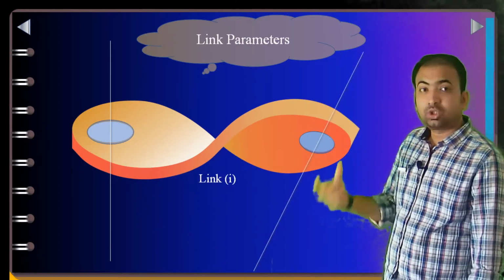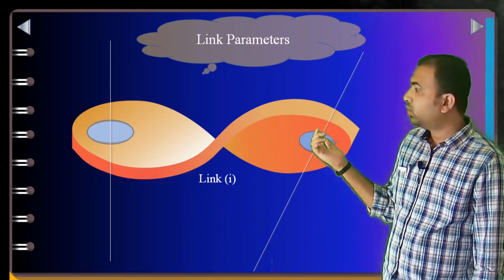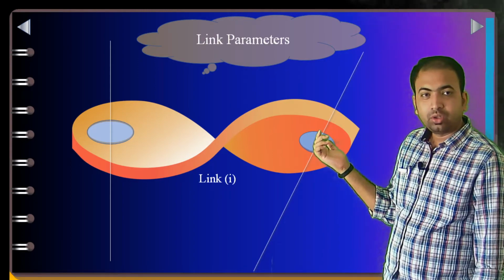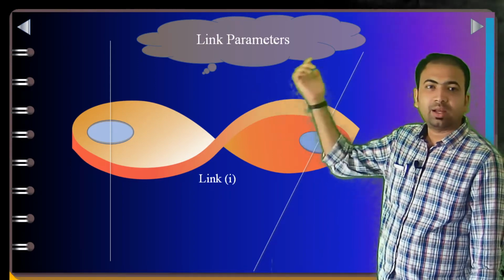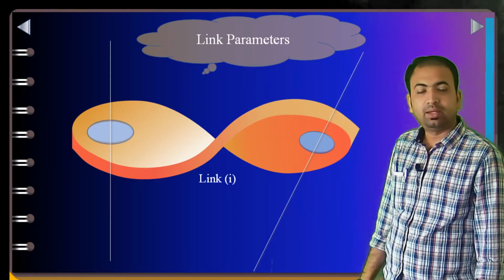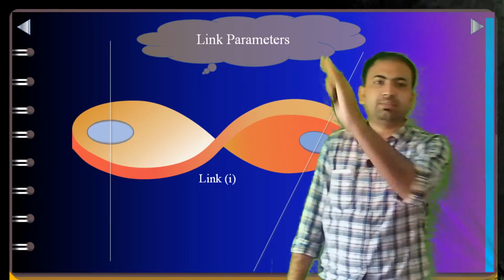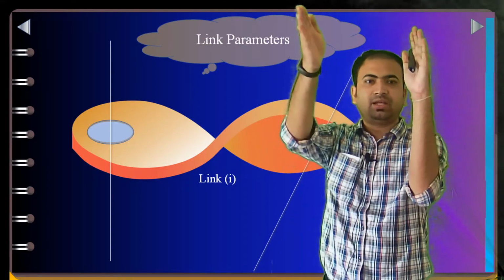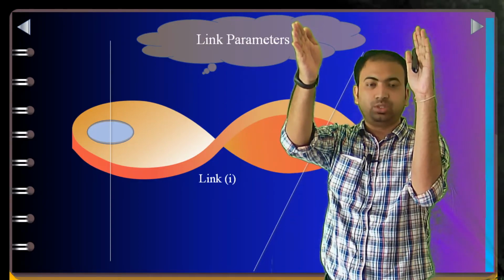Similarly, once it is twisted, here also we get another joint, and we have drawn another axis. Now, one is this one, another one is this one, once it is twisted.